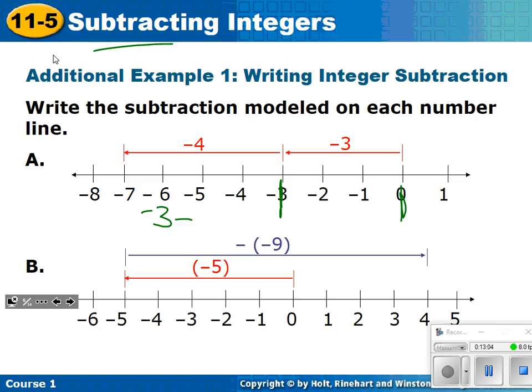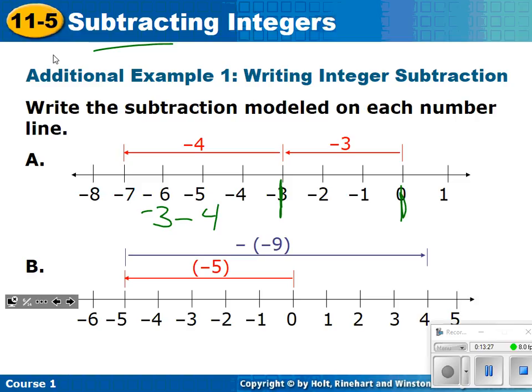What did the rule say? When we move to the left, it's a positive 4. Negative 3 minus 4. Okay? Because we move to the left.